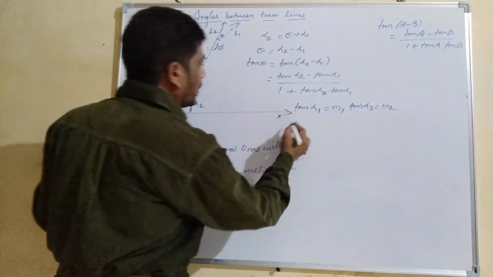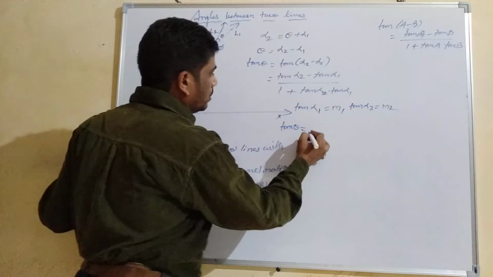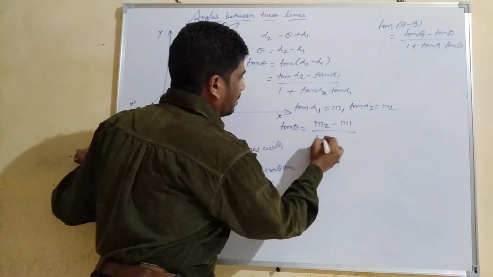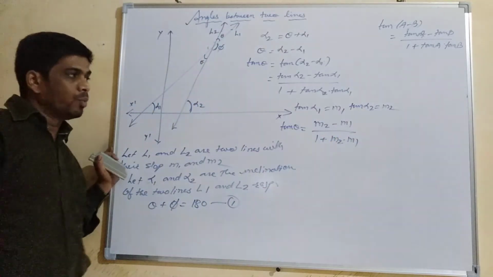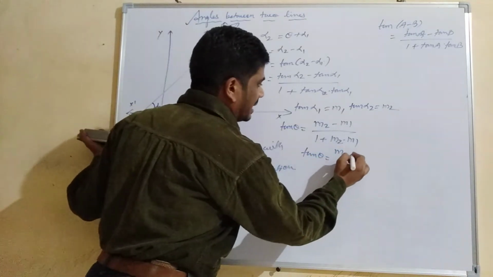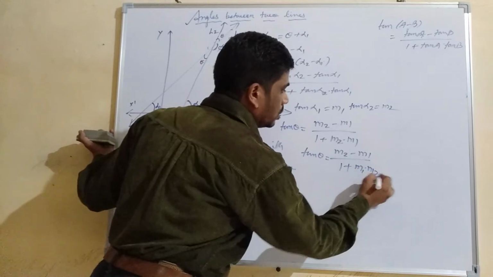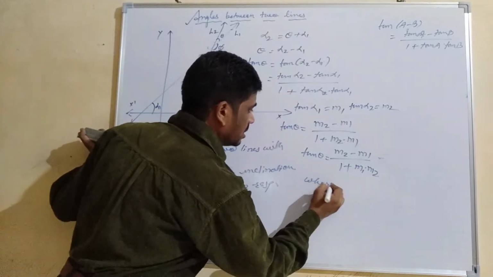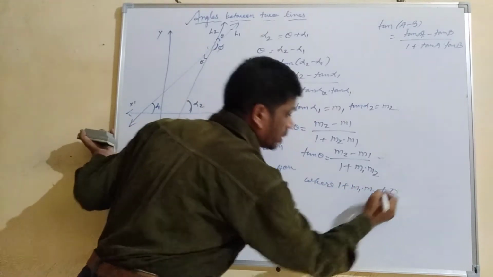So we will get tan theta equals M2 minus M1 upon 1 plus M2 into M1, which means we can write tan theta equals M2 minus M1 upon 1 plus M1 into M2, where 1 plus M1 into M2 is not equal to 0.